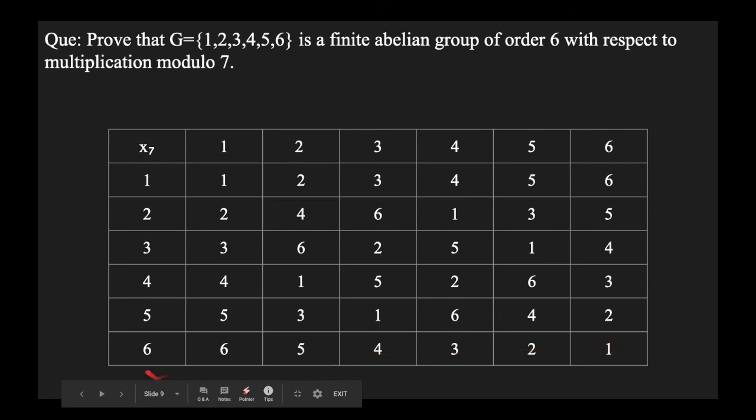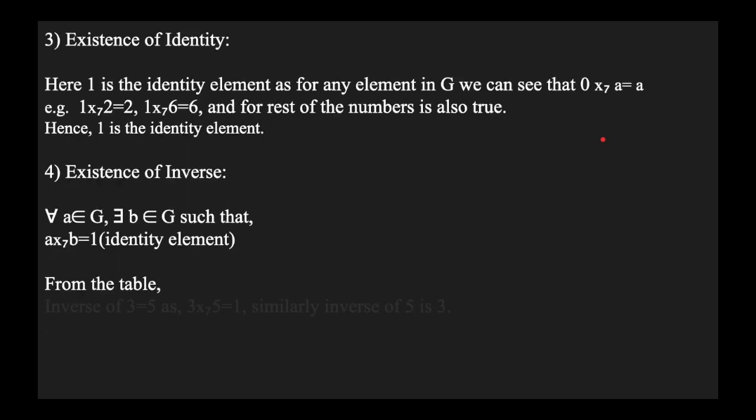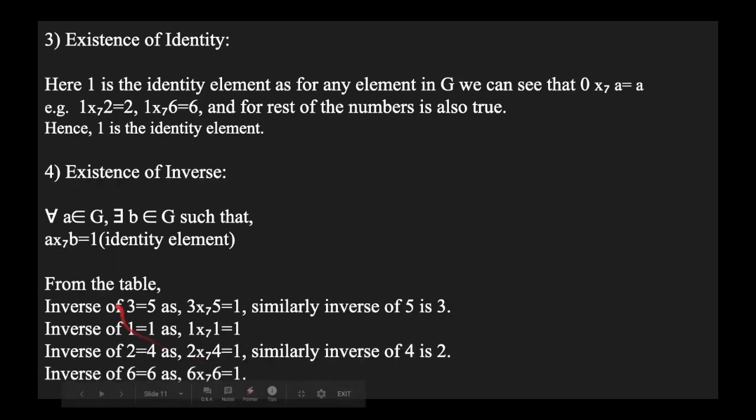Here 1 is there, so the inverse of 6 is 6. So you can check. Since the inverse of 3 is 5, in the same way the inverse of 5 is 3. Inverse of 1 is 1, inverse of 2 is 4, so inverse of 4 is 2, inverse of 6 is 6, and so on. So we get the inverse of all the numbers in G.